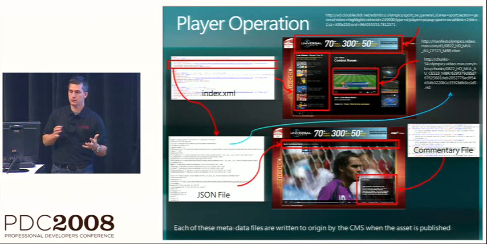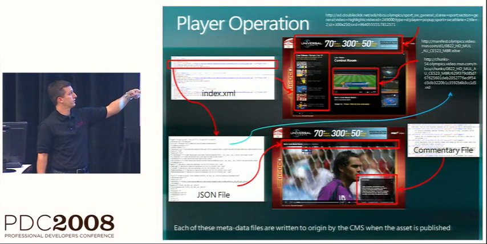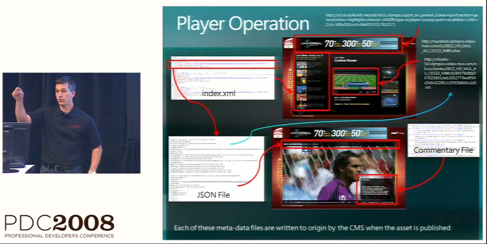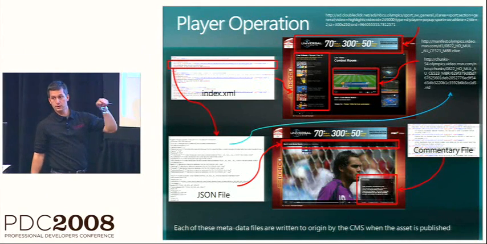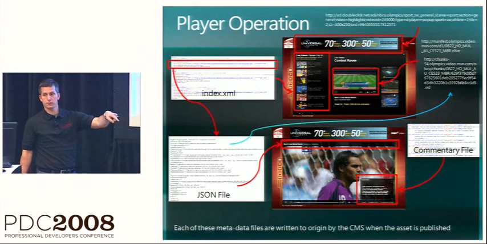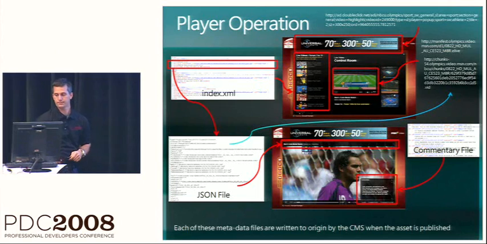The player parsed that information. The player, whether it was Windows Media Player or Silverlight, parsed the JSON file and then went and grabbed the video and started doing playback. If there was commentary associated with it as well, it then started pinging the folder source for the commentary file that was coming out of Beijing and would do the UI synchronization.